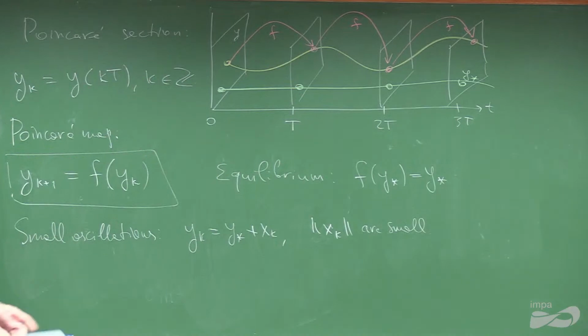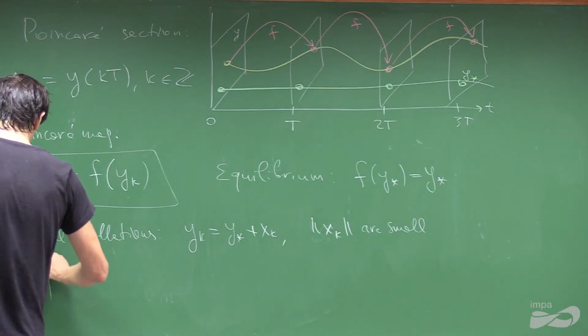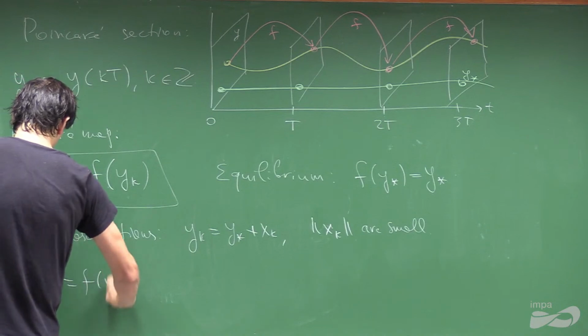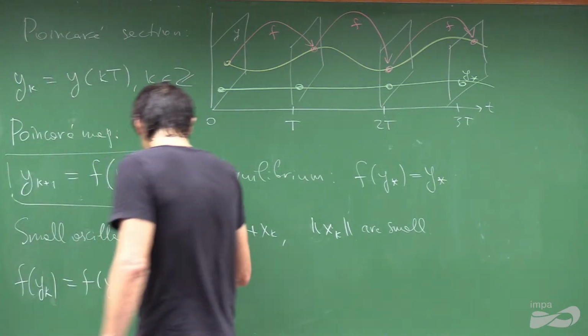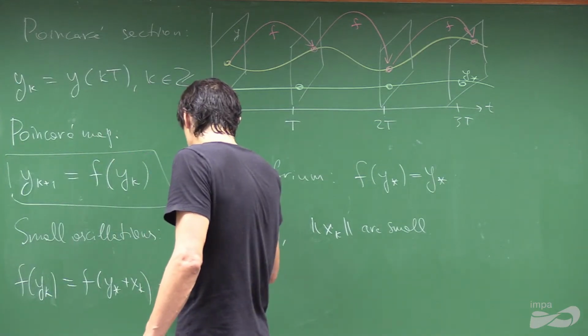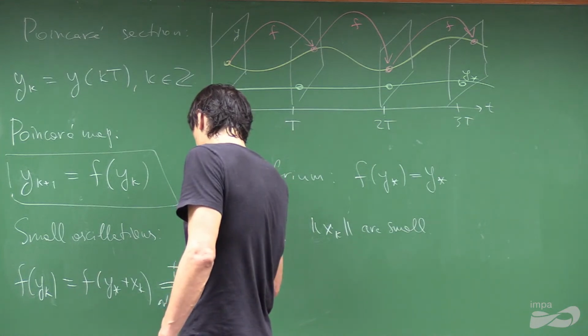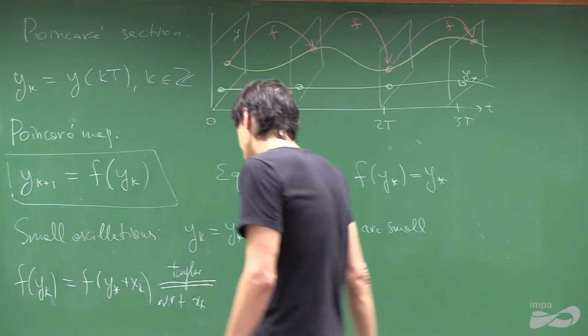So then what you can do, you expand now in the Taylor series the right-hand side. So f at yk will be f at y star plus xk. Now we expand it in Taylor with respect to xk.